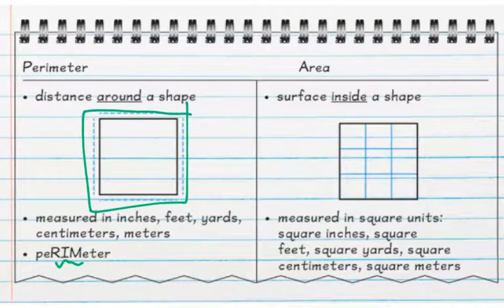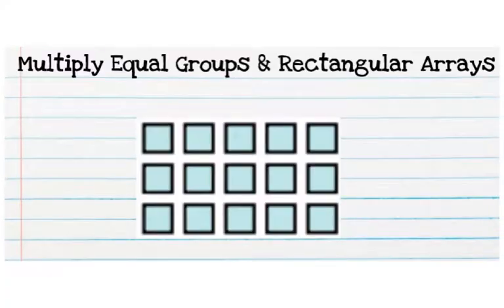You've probably heard of that before when we've talked about measuring a rectangle and how much space is around. So for today, we're going to talk about area on the inside. Area is the inside of a shape. And we can find the area by multiplying equal groups and using rectangular arrays.